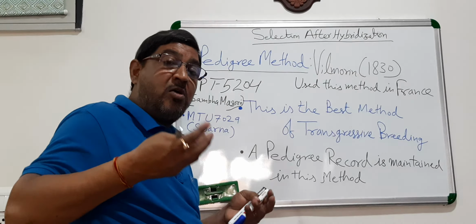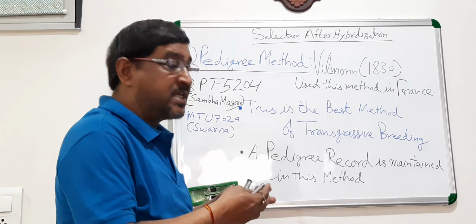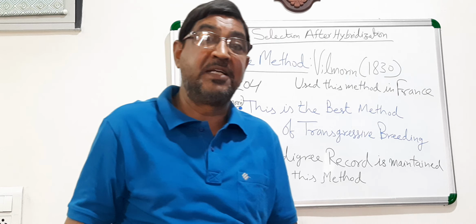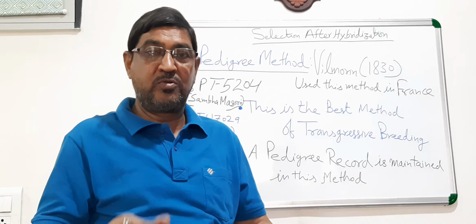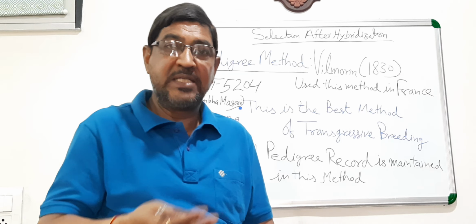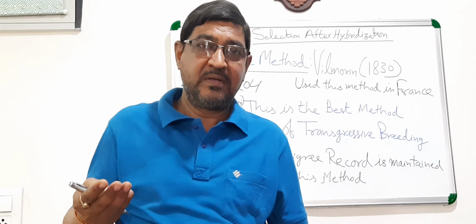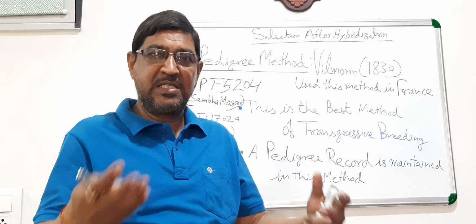And then, as I have said already, how are you going to get transgressive segregants? In the segregating generation, the superior plants which you get are superior to both the parents. In segregating generations F2, F3, F4, F5, F6, particularly you concentrate on F2 and F3, for maximum transgressive segregants.